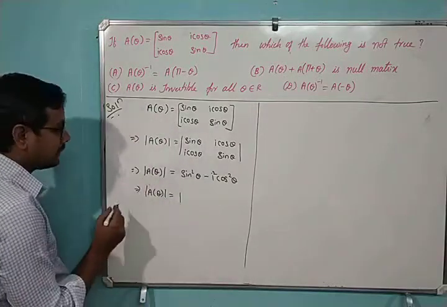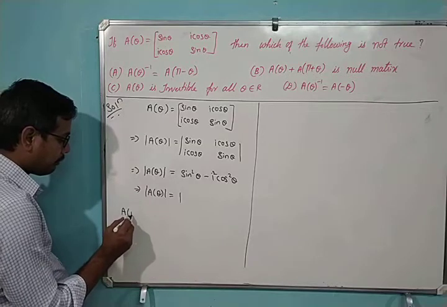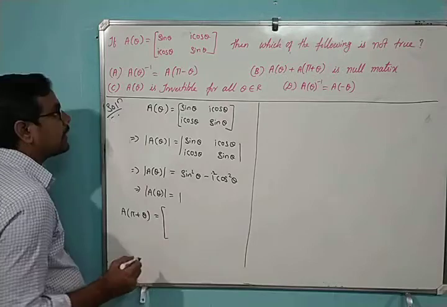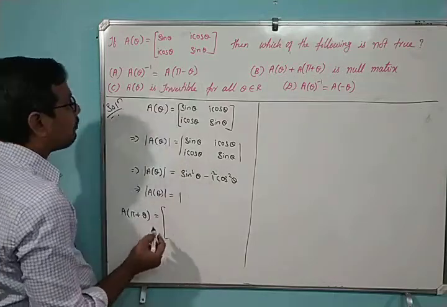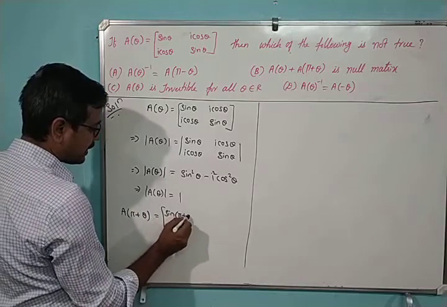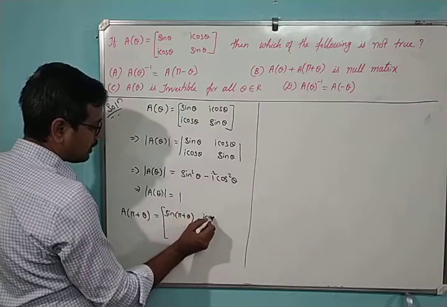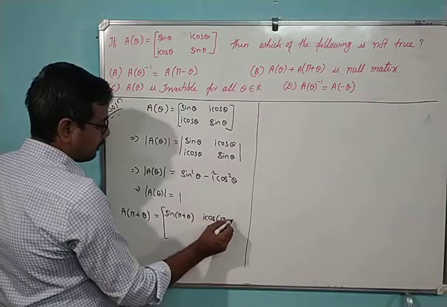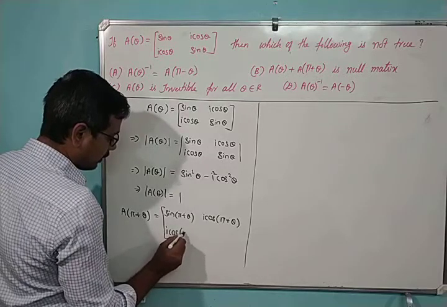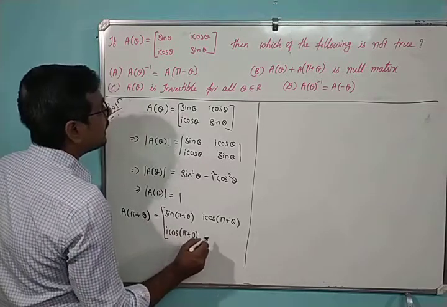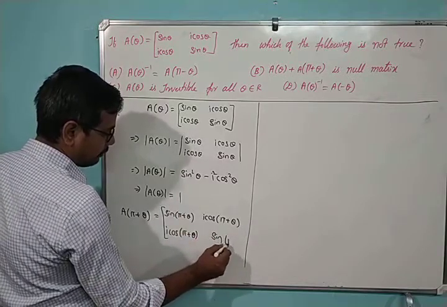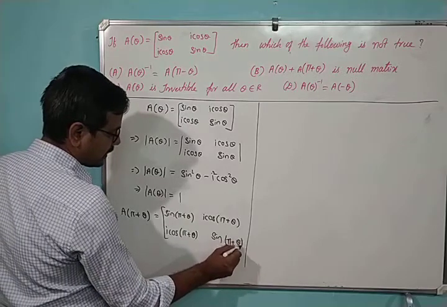Here, what is A of pi plus theta? A of theta is [sin theta, i cos theta; i cos theta, sin theta]. Now what will be A of pi plus theta? This is sin of pi plus theta, i cos of pi plus theta, then here also i cos of pi plus theta, and here sin of pi plus theta.